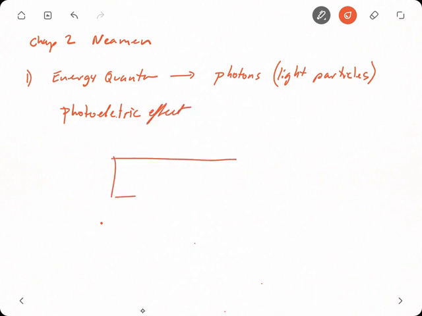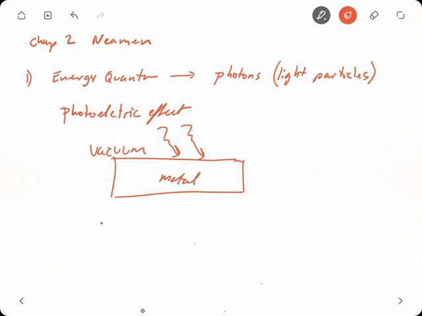So this is done by shining light of different wavelengths onto a metal held in a vacuum.